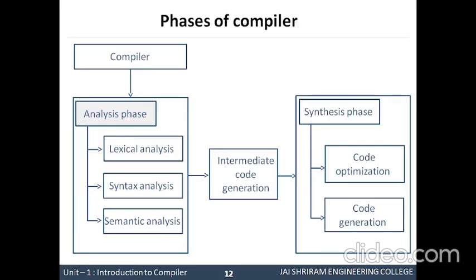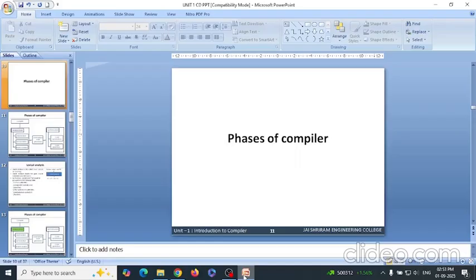Remember, a compiler is not a single program that instantly turns high-level code into machine code. Instead, it is a structured pipeline with multiple well-defined phases, each solving a specific part of the problem. The phases can be grouped into 2 categories.